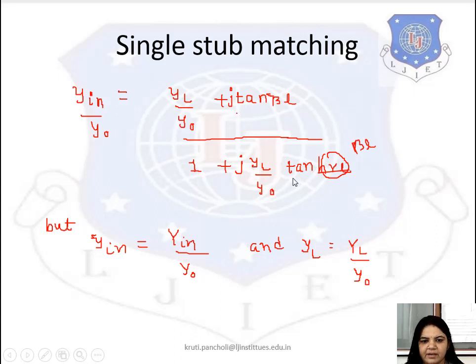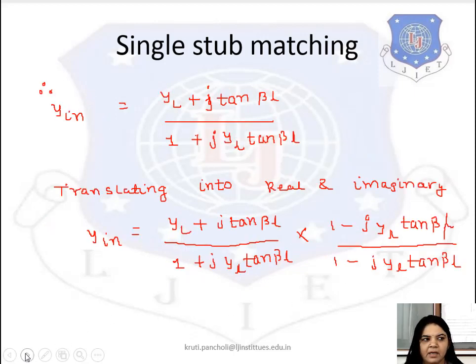Now we know Yin is Yin/Y0, a normalized value, and YL is again YL/Y0. By putting that value in the equation and translating into real and imaginary parts, we have Yin = (YL + j tan βL) / (1 + j YL tan βL).